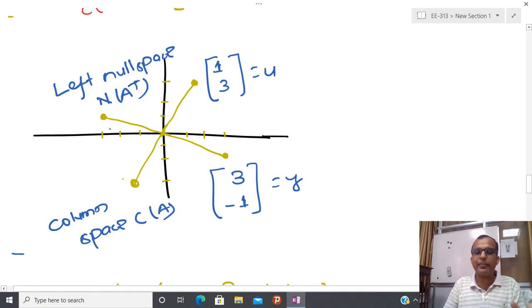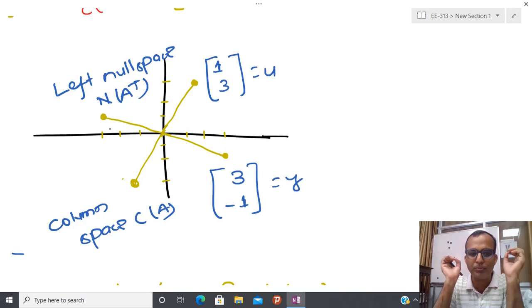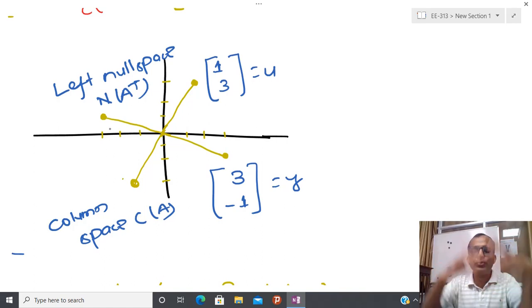So if you have some matrix A, in this way also you are able to visualize the matrix, and due to that reason you know that a matrix is one of the most important things to store information, because using that information I can do a lot of things.